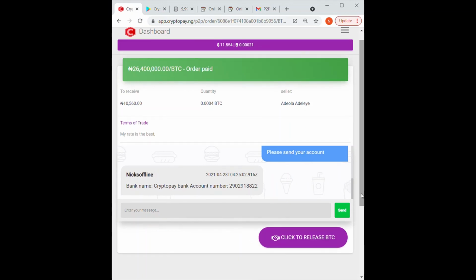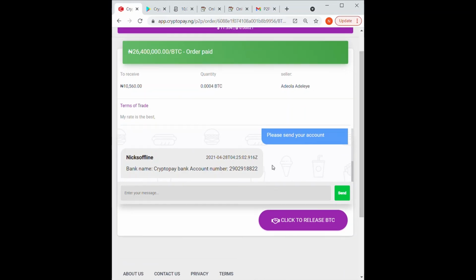As you can see, it changed to click to release BTC. So please do not release Bitcoin until you have received the payments, you checked your account, you found the money there. You have to make sure you confirm that before you release the Bitcoin.